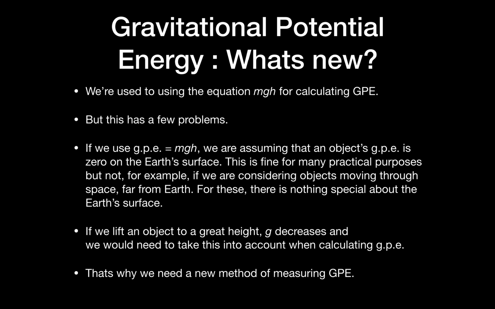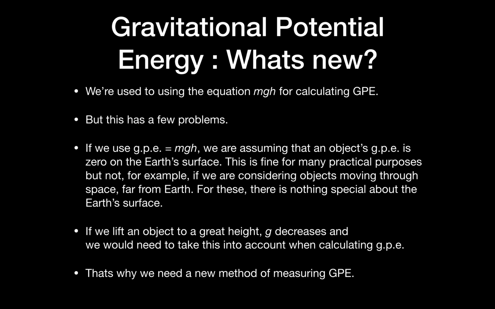Now we come to gravitational potential energy, right? And we've heard about it from our previous classes. We've even used equations, but there's going to be something different over here. So what's new? We're used to using GPE is equal to mgh for calculations, right? That is the standard way we've calculated in previous years. But this has a few problems.